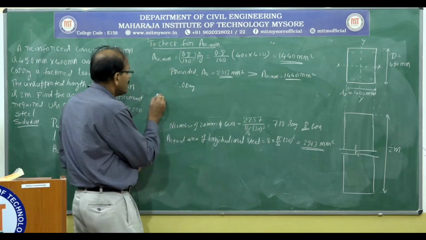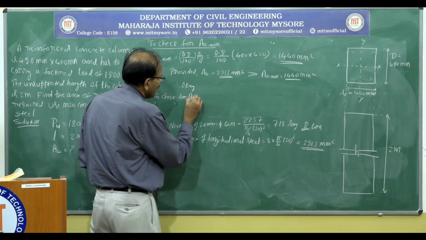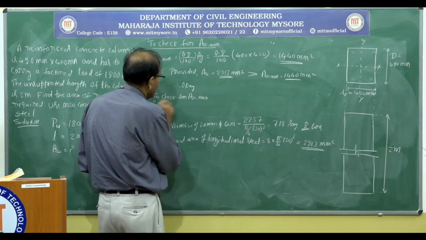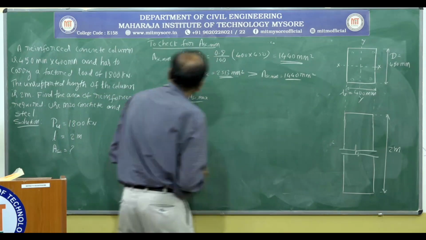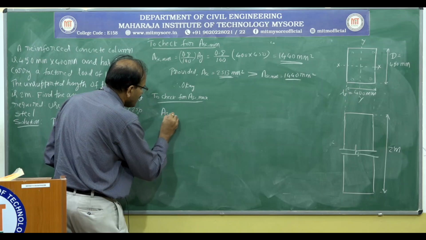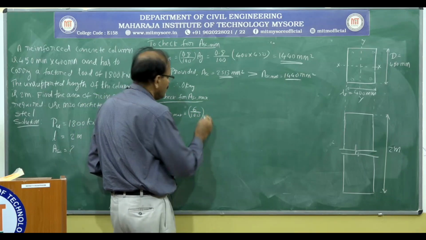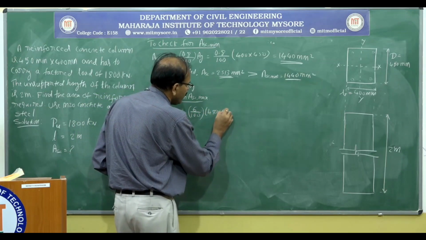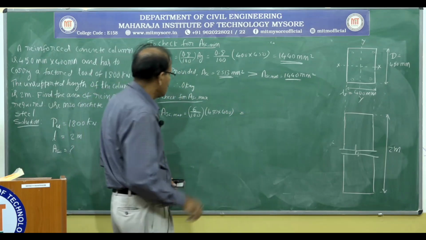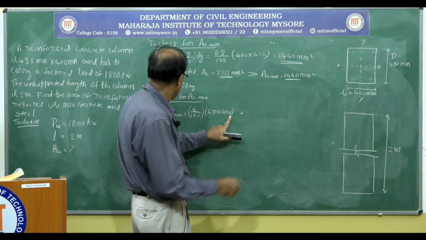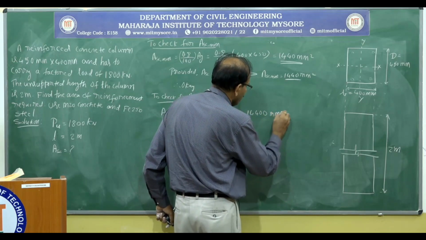Okay. Next is to check for ASC max. So again, as per the code, ASC max equal to 6% of the gross area, that is 450 multiplied by 400. Okay. That is 14400 millimeter square.